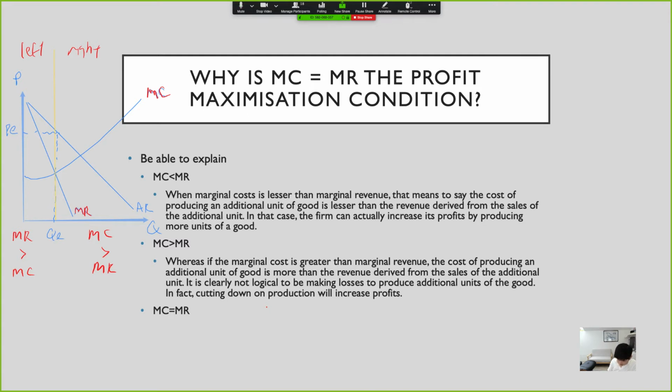So this is not ideal, and this is also not ideal. When is the situation ideal? It is only when MC is equal to MR that it is ideal, because when MC is less than MR, we should produce more.